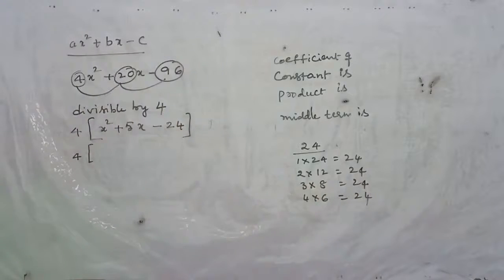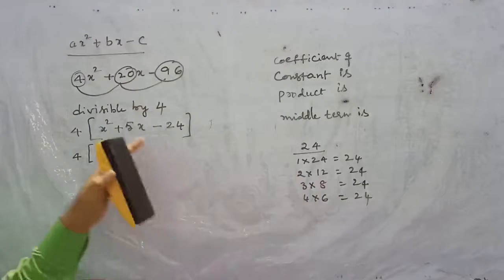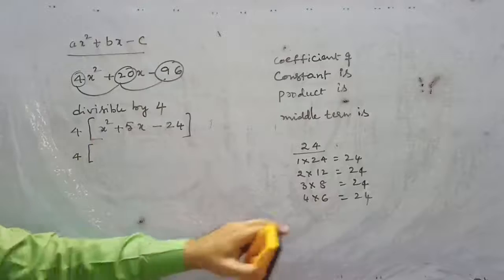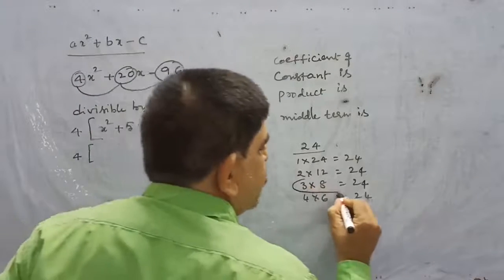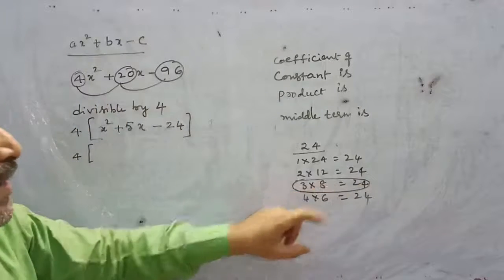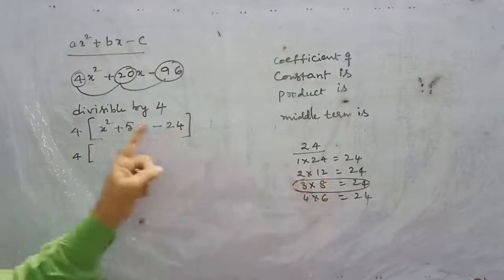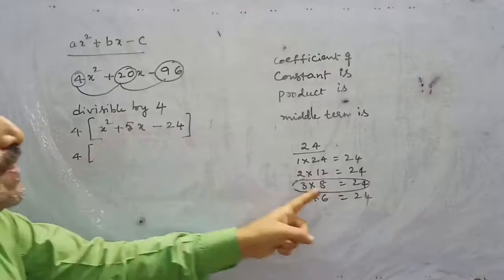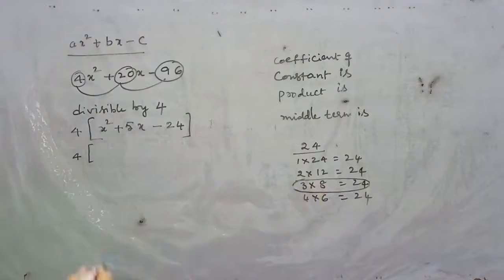Okay, from these four we have to take any one, from that we have to write the factors, right? So which is suitable for our problem? This one is suitable. Why? Because 3 8s are 24, 3 plus 8 is 11 and 8 minus 3 is 5. But here plus 5x is there, so therefore we have to take plus 8 and minus 3.